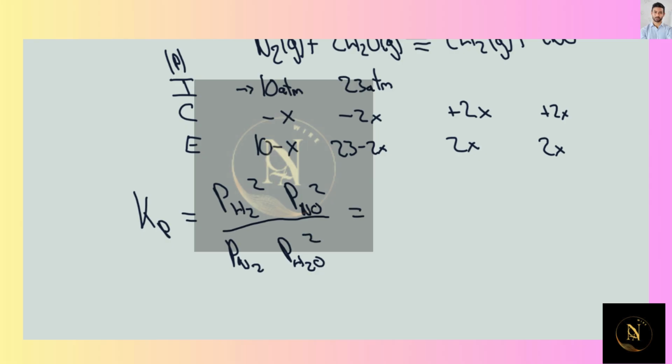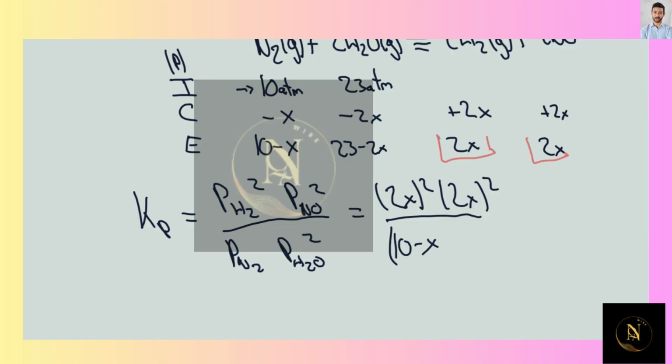This is going to become 2x squared, 2x squared. These pressures come from our ice table here and here. And on the denominator, we're going to get 10 minus x times 23 minus 2x squared.